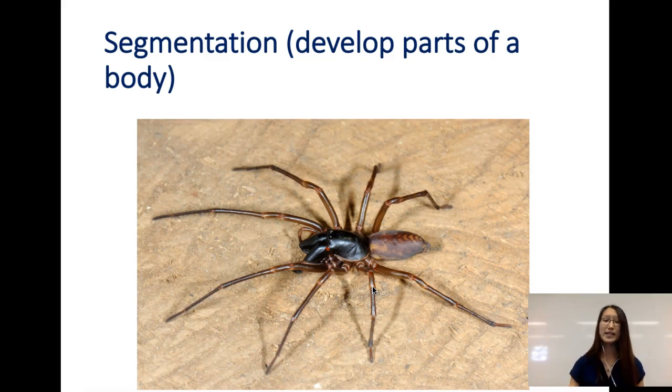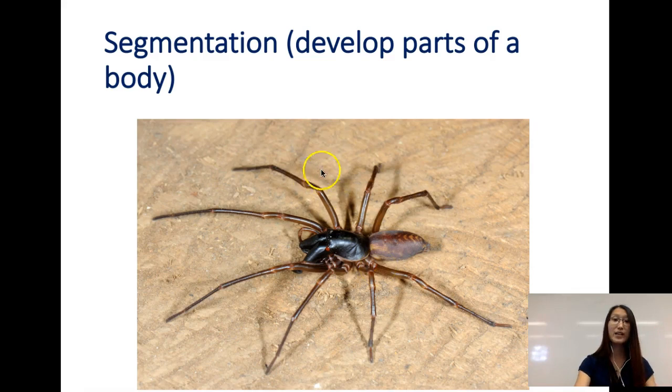And then the next one is whether organisms have segmentation. So segmentation is kind of different from limb formation. These arms, obviously, we have segments of our arms. This is kind of similar to this. But with segmentation, we want to specifically talk about insects that have different segments of body parts.